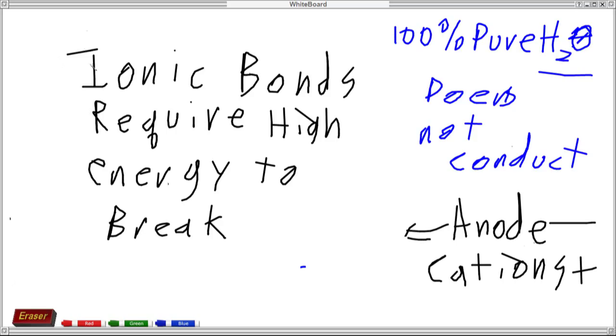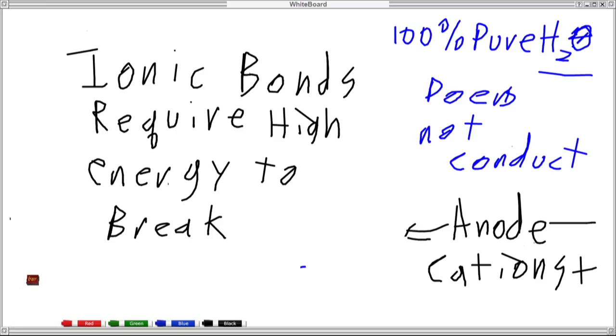Ionic bonds are usually much stronger than covalent bonds because, for example, if you take any organic substance, it's relatively easy to break those bonds.